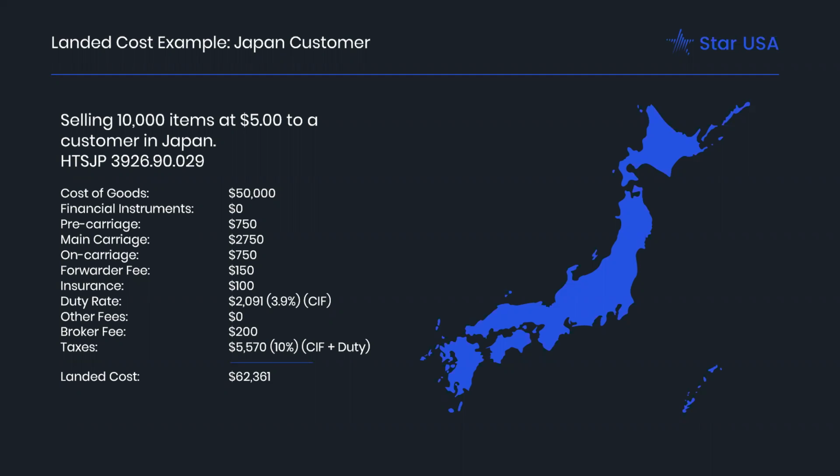And the taxes are 10% calculated on the CIF plus the duty value. And that landed cost is $62,361. So despite a 6% higher tax rate in Mexico, Mexico had a 16% VAT, Japan has a 10% VAT, it's actually lower to go into Mexico by about $2,000.